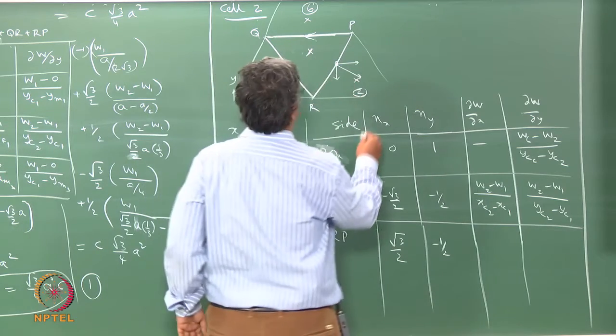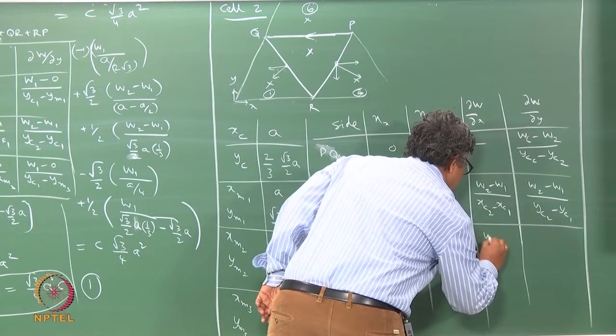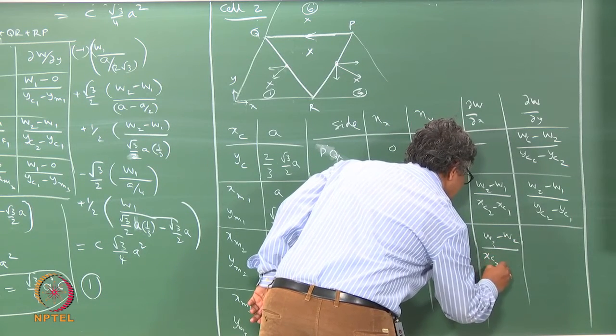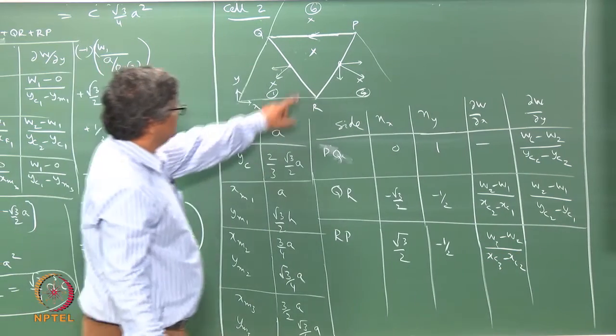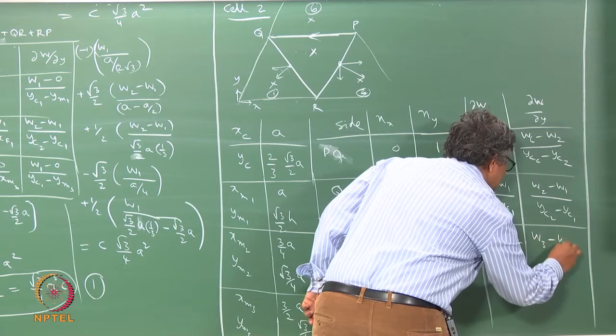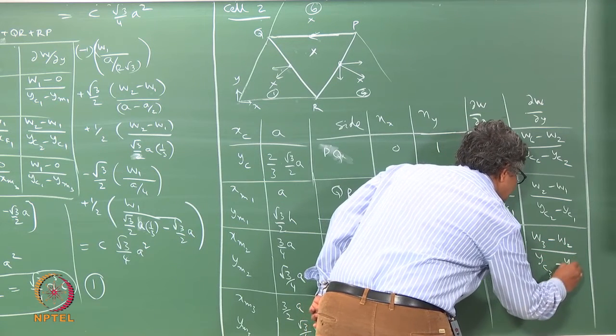So, this is cell 3. So, w3 minus w2 divided by xc3 minus xc2, and similarly dou w by dou y is w3 minus w2 divided by yc3 minus yc2.